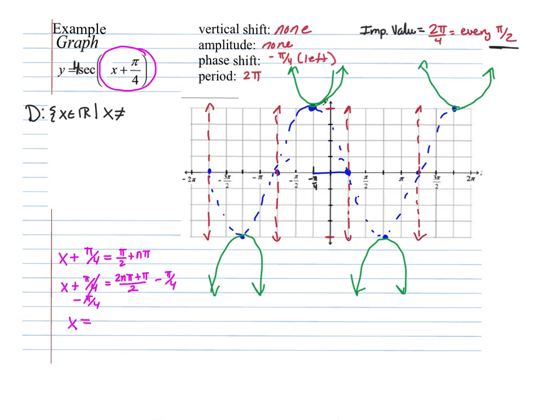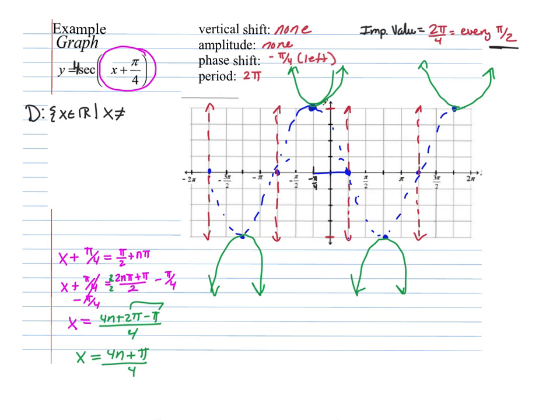I'm going to get x is equal to, now I'm going to get another common denominator, so I'm going to multiply top and bottom of this by 2. So that would be 4n plus 2 pi minus pi, all of that over 4. Combining your like terms, you're going to get x is equal to 4n plus pi over 4.